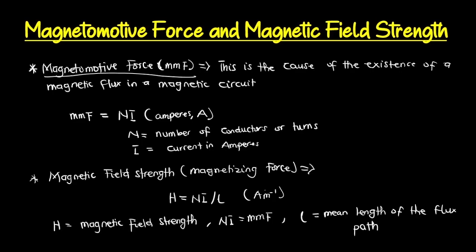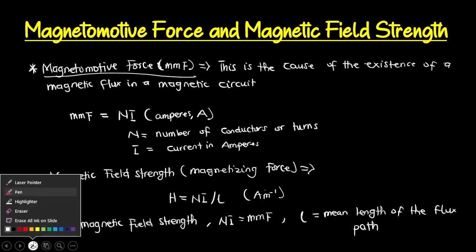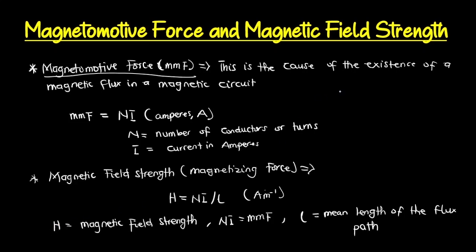the mean length. Now let's make some deductions out of these two expressions. So when we are saying that the magnetic field strength H is equal to Ni on L, or the magnetomotive force on L, if I cross multiply over here, I'm going to have the magnetic field strength multiplied by the mean length is equal to Ni.